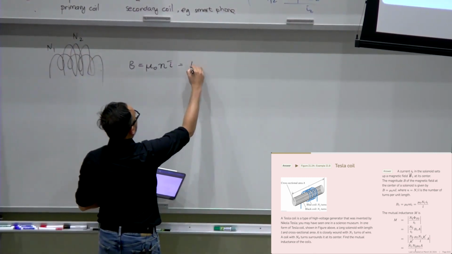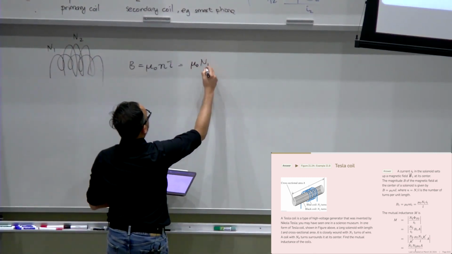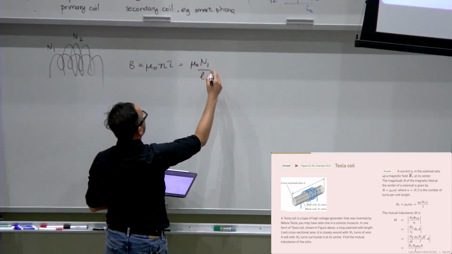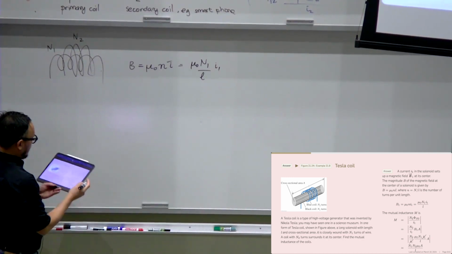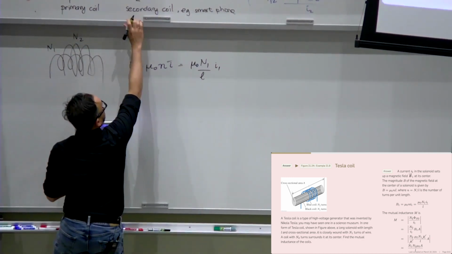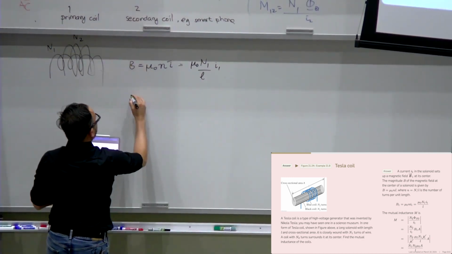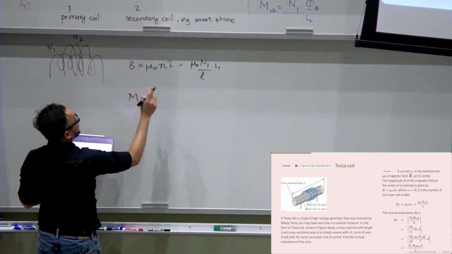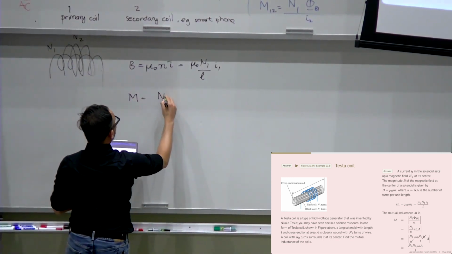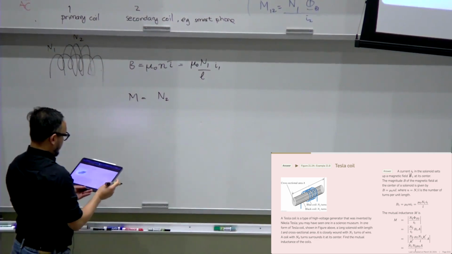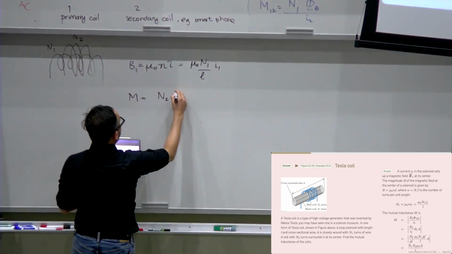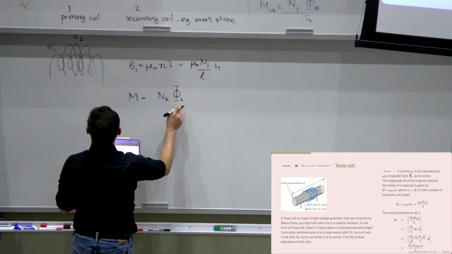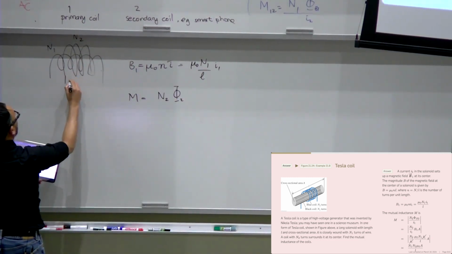So this one is mu naught N1 divided by L times I1. And then for M, we can do the second one, which is N2 times the flux along the secondary coil. So this is the secondary coil.